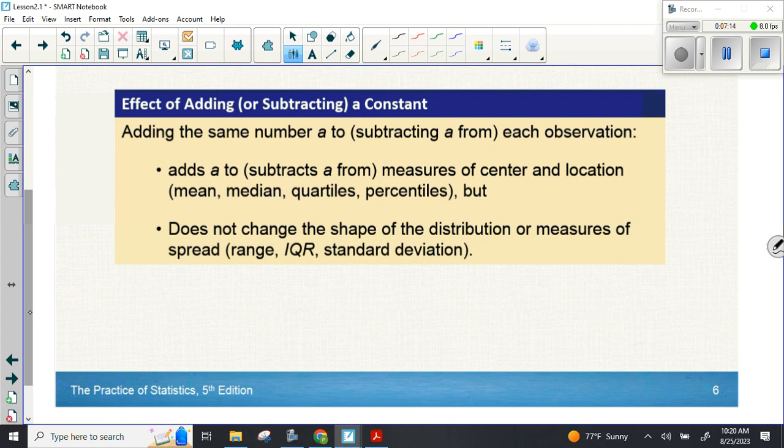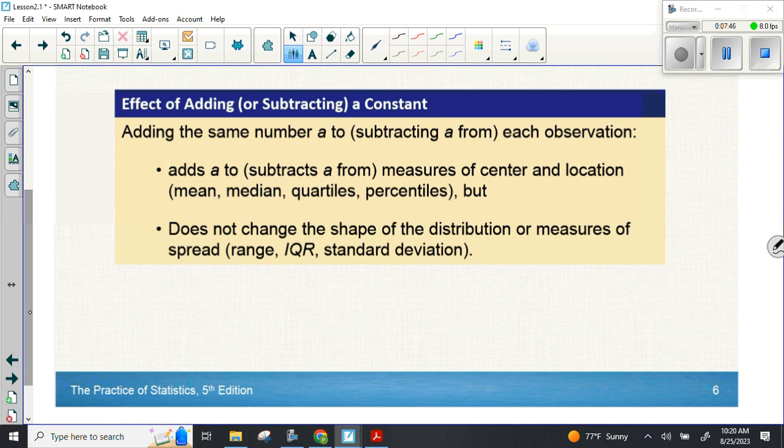It's important to realize that if you're going to add or subtract something to every data point in your distribution, say you were off by 5 and you realize you measured wrong, and you need to add 5 inches to everything, what's going to happen is your mean is going to shift up by whatever you're adding.